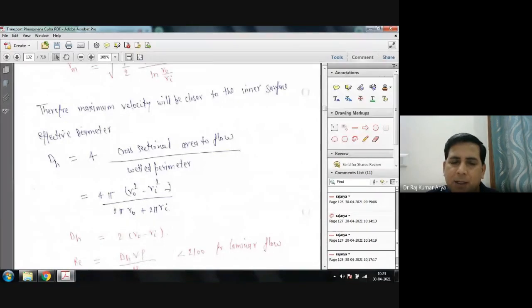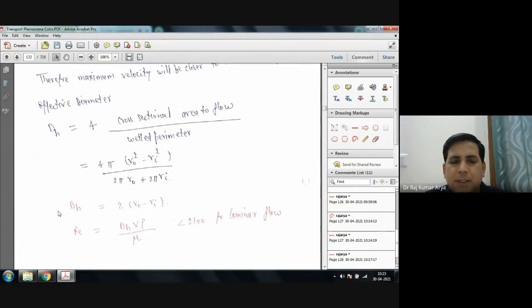The wetted perimeter is nothing but the perimeter of the surfaces in contact with the fluid. That is the outer perimeter 2 pi r naught and the inner also, because both surfaces are now in contact with the fluid. Based on that, the hydraulic diameter comes to 2 times R naught minus Ri.